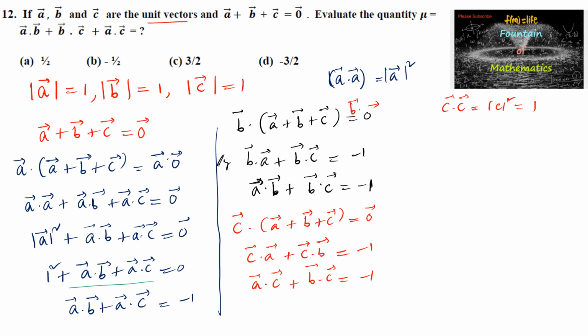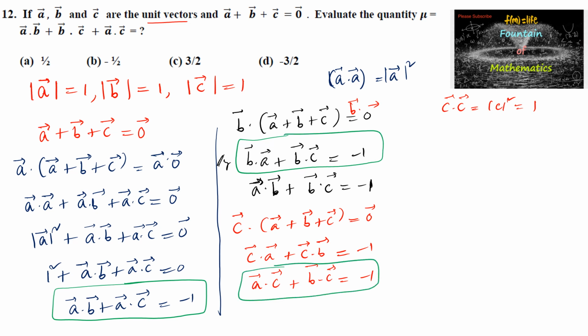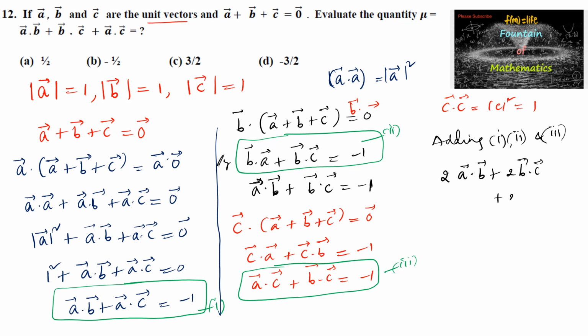Now consider these three, say this is 1, this is 2, and this is 3. Adding 1, 2 and 3, we get 2 times A dot B, 2 times B dot C plus 2 times A dot C is equal to minus 3.